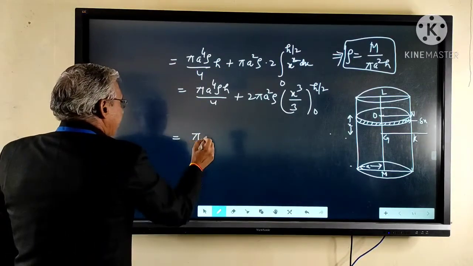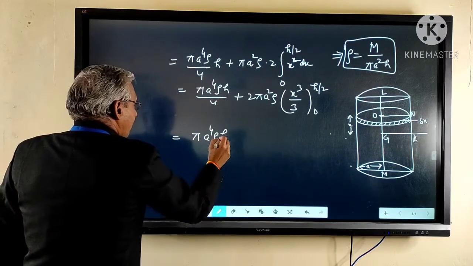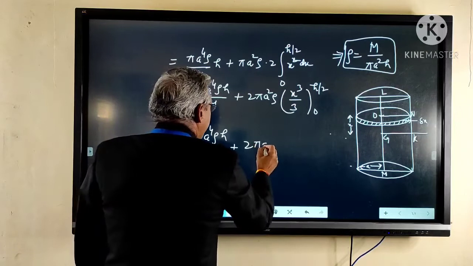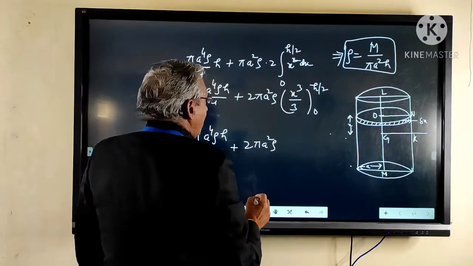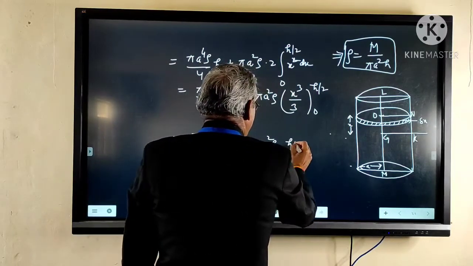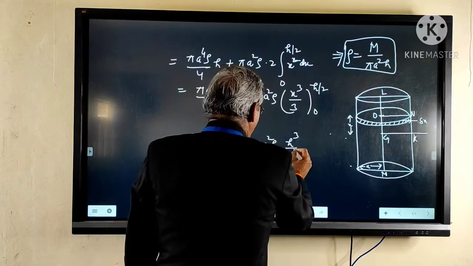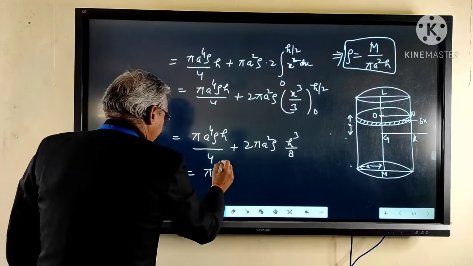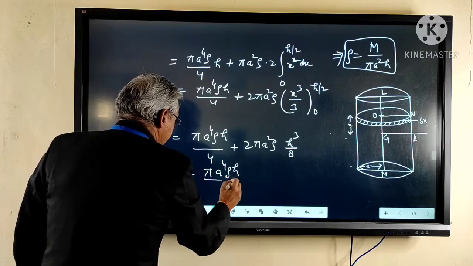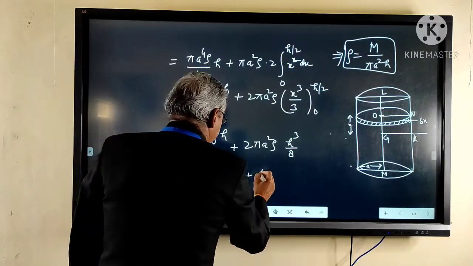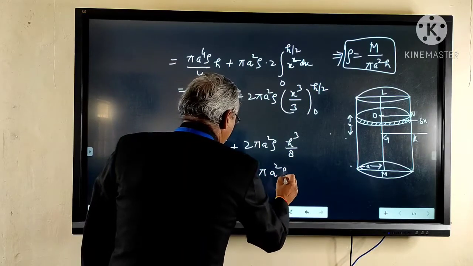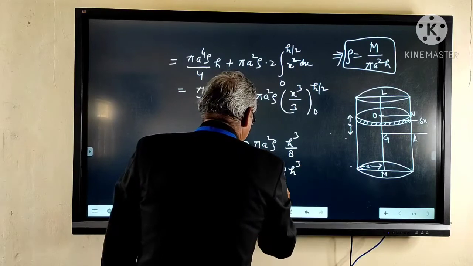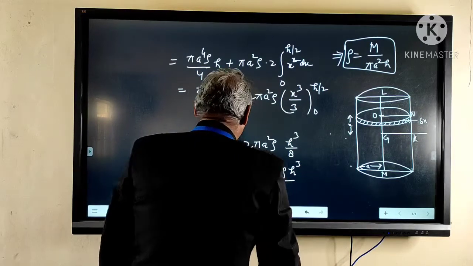This is pi a की power 4 rho h upon 4 plus this is 2 pi a square rho or this value is h cubed upon 8. This is finally pi a की power 4 rho h by 4 plus pi a square rho and this is h cube by 4.